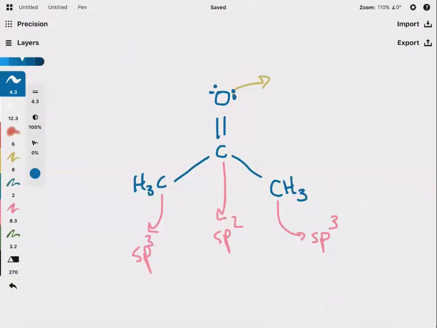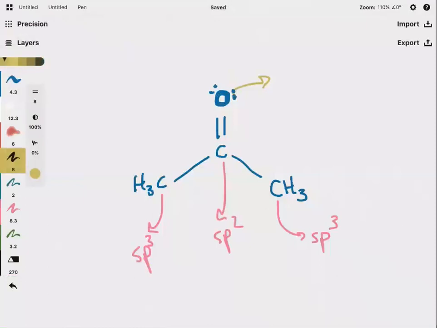So the other rule for hybridization is if you have a lone pair of electrons, your atom, even though it owns its own lone pair, they belong to it, thinks that that lone pair is like another atom. So that oxygen thinks that its lone pair right there is like another hydrogen sticking off of it or something. So this oxygen thinks it's bonded to three different things.